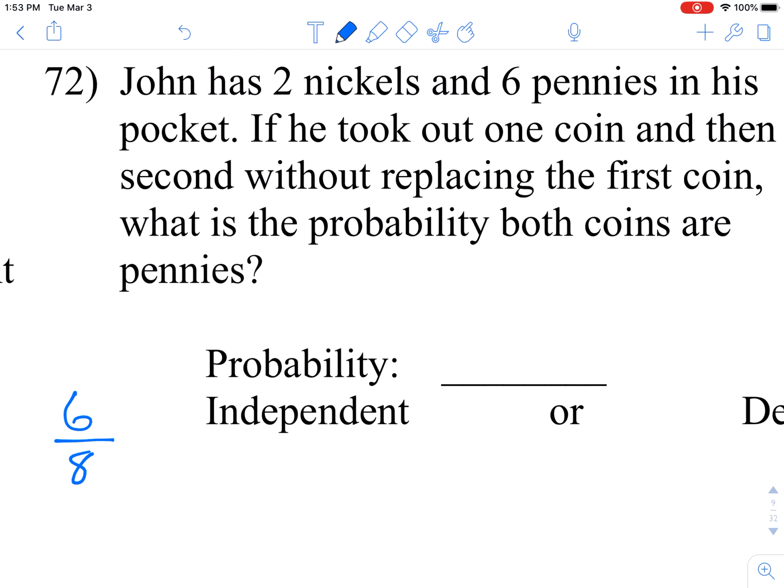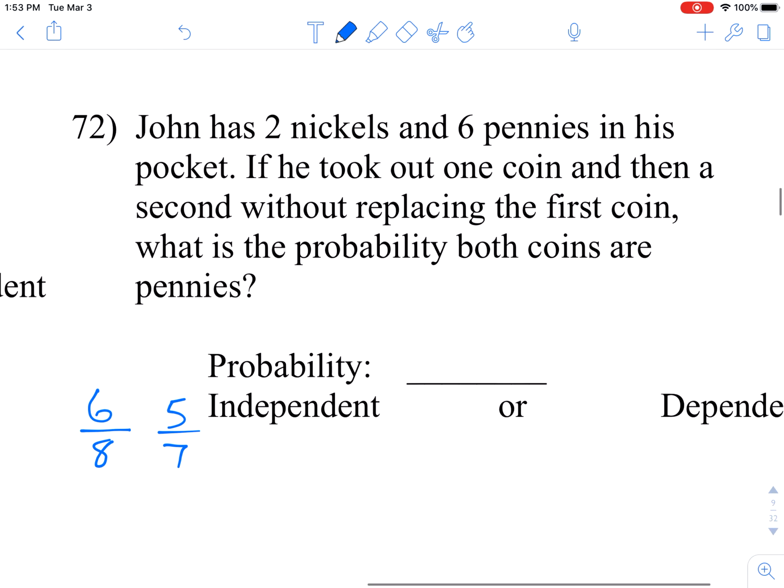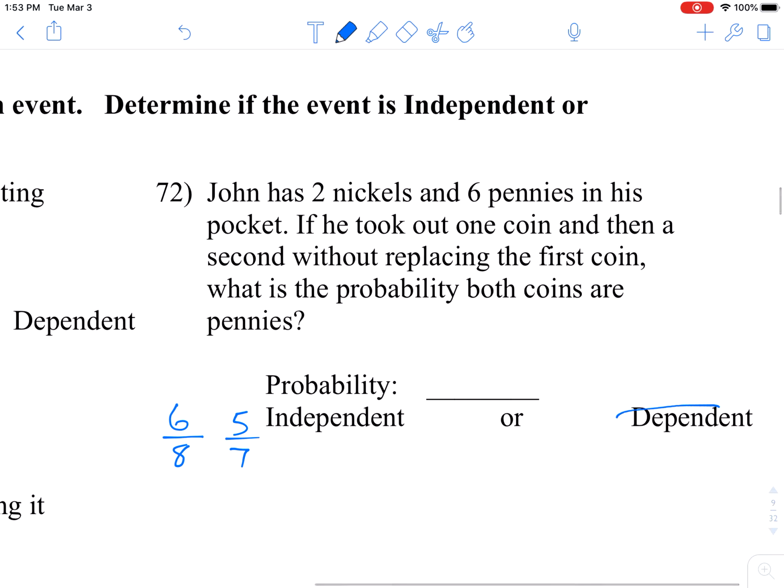Well, if I take a penny out the first time, there's now only 5 pennies. In addition to that, there's also only a total of 7 coins. And so notice how the first event changed the probability of the second event. And so for this reason, that is called dependent.